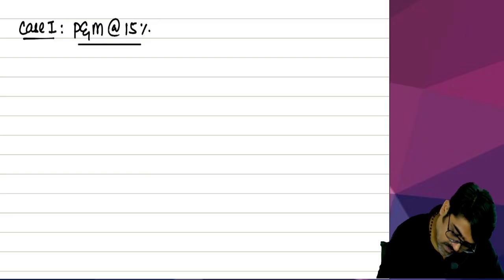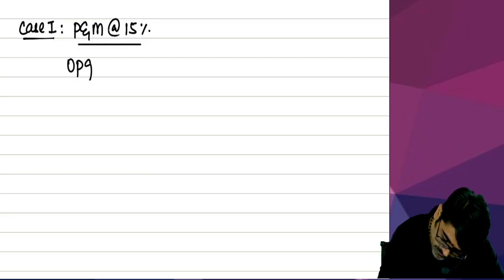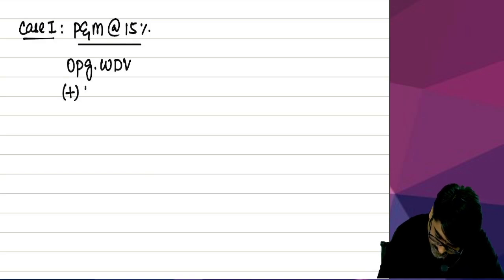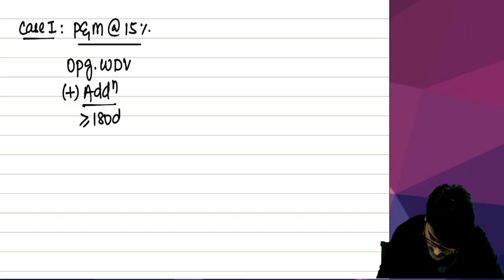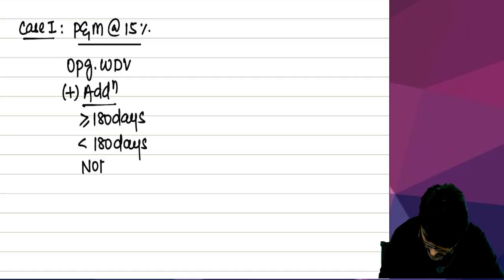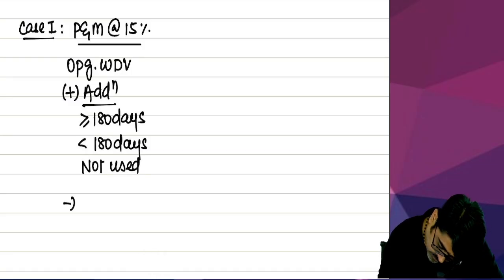Okay. Opening WDV. Add additions. In additions, greater than equal to 180 days, less than 180 days, and not used at all. Then less what?